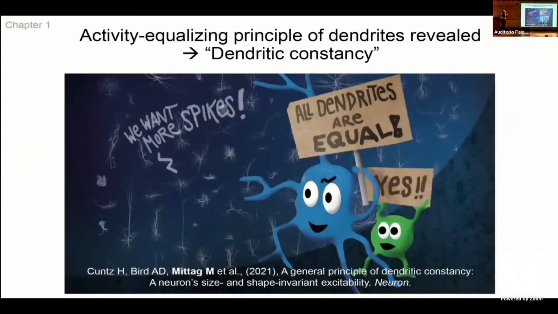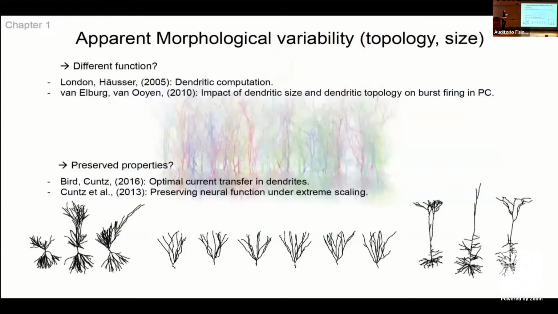So the first one is dendritic constancy, which, as I mentioned, is an activity equalizing principle of the dendrites. And when you look at the vast diversity among these cells, they have different topology, different shape. The architecture is different from the branching pattern.